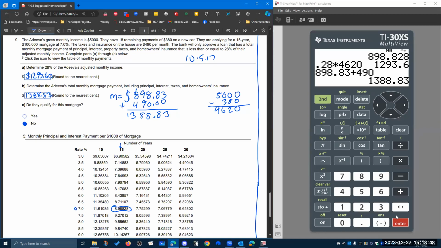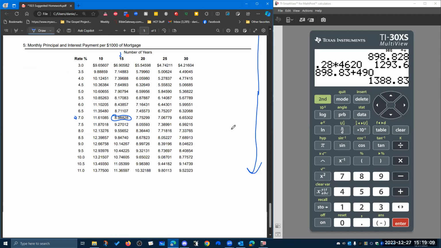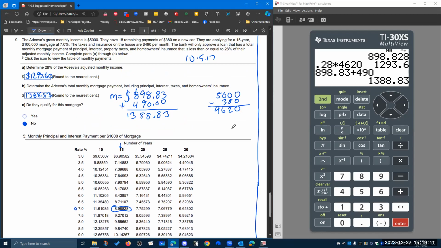So that's why you go and see a loan officer at the bank and they figure this kind of stuff out. They don't want you to have to pay more than, usually it's around 28% of your adjusted gross income on the mortgage payment, because you still need money for all the other things, right?